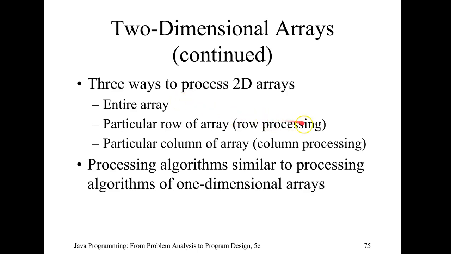Now that can be confusing, so read your problem statement very carefully. When you're working on a column, the rows are changing, but the column stays the same. When you're working on a row, the row is the same, and the column is changing. So whatever is changing is the variable that will be in the for loop.